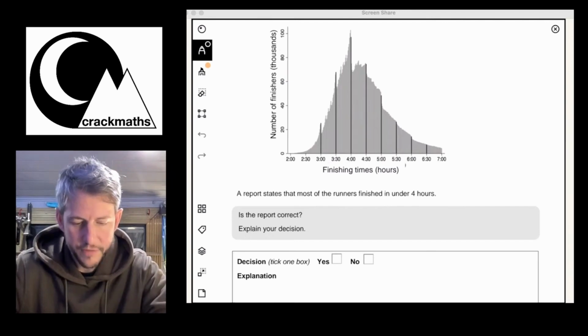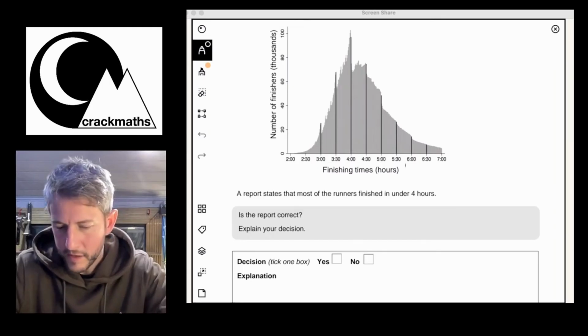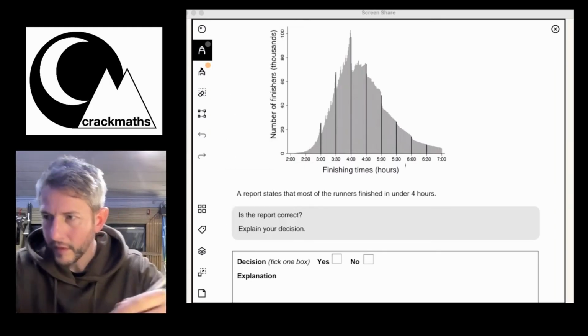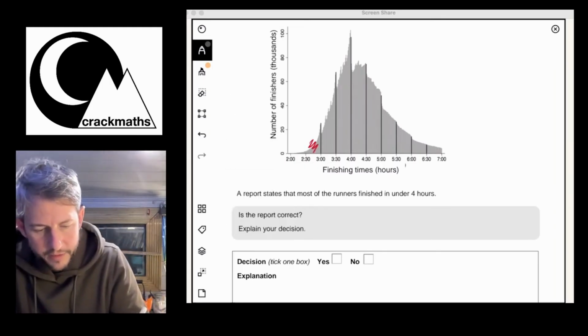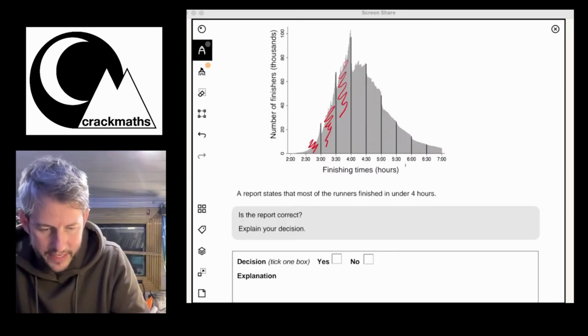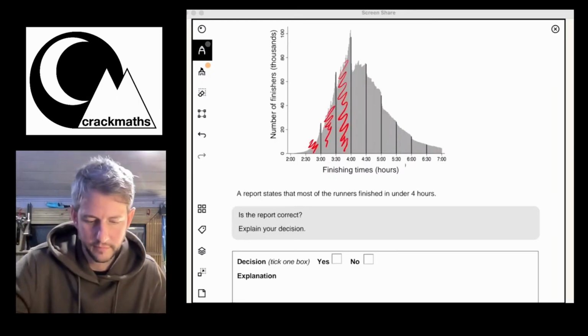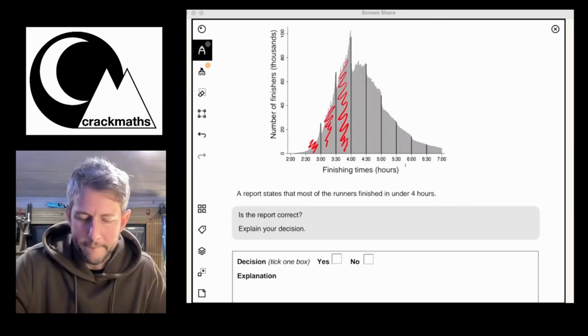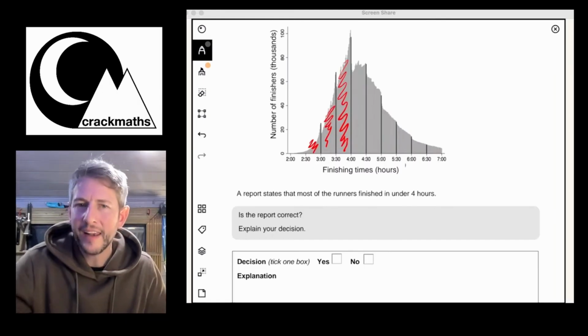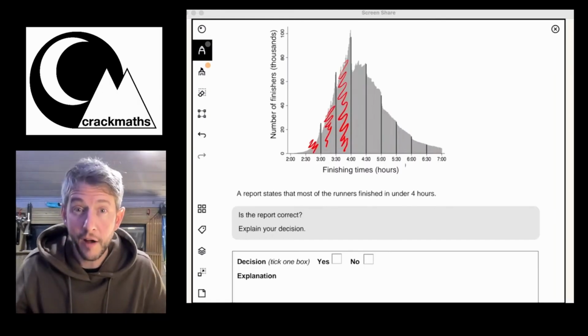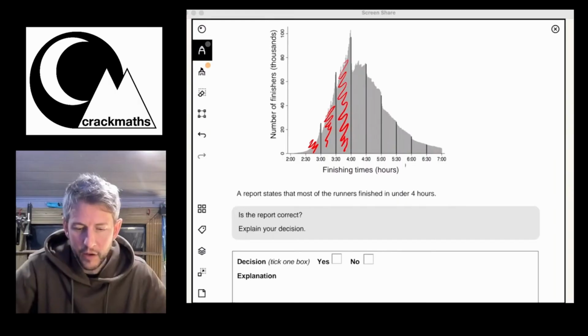So most of the runners finish in under 4 hours. So that is going to be these runners, and these runners. I think that looks like less than half of the area of that graph.